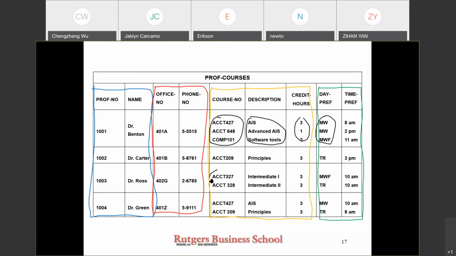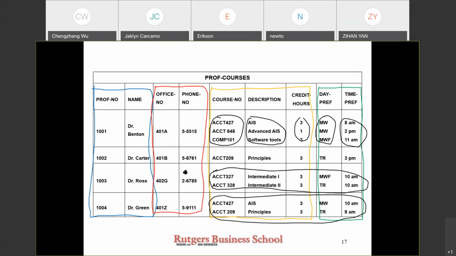Also, we can find repeating groups here, and additionally here, as well as this row. They are all repeating groups. Okay, the only row that does not contain repeating group is the second row.